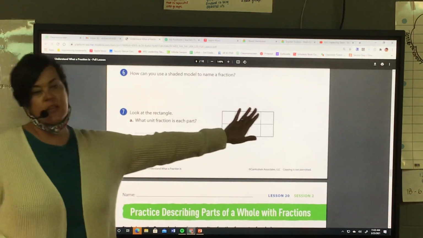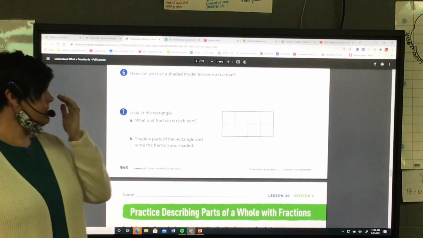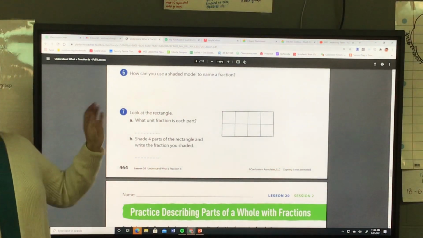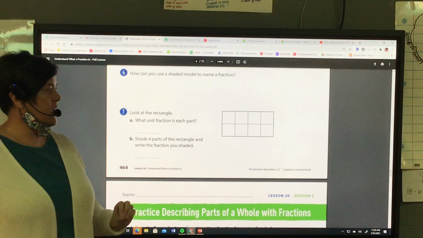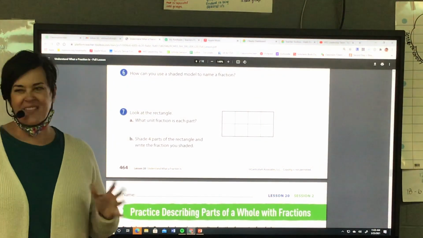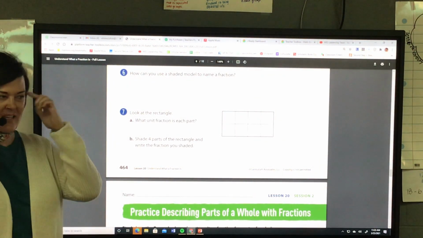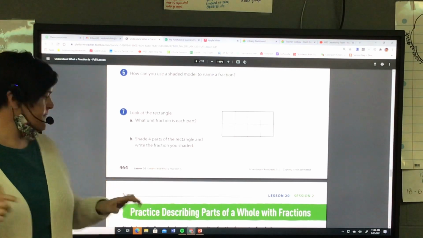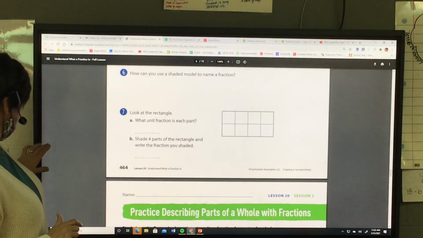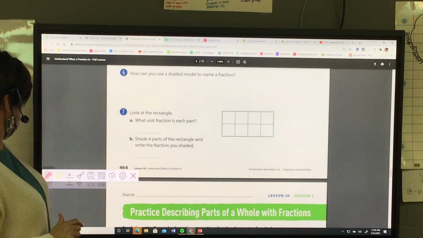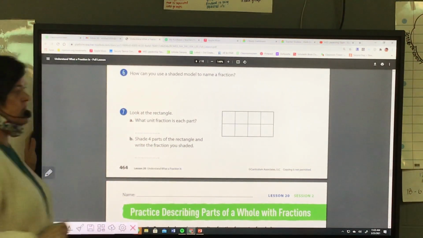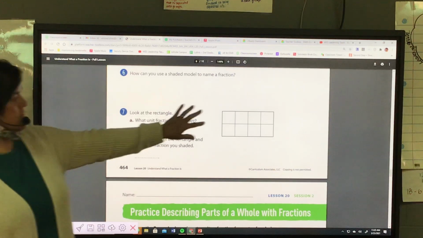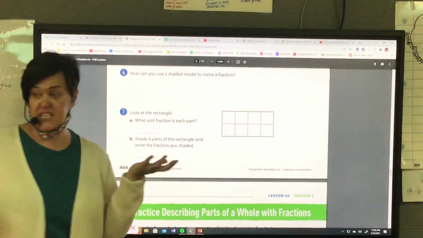All right, so if we look at this rectangle, it asks us in part A, what unit fraction is each part? What that means is, think about it like this, friends. How many equal parts are there? 8. 2, 4, 6, 8.